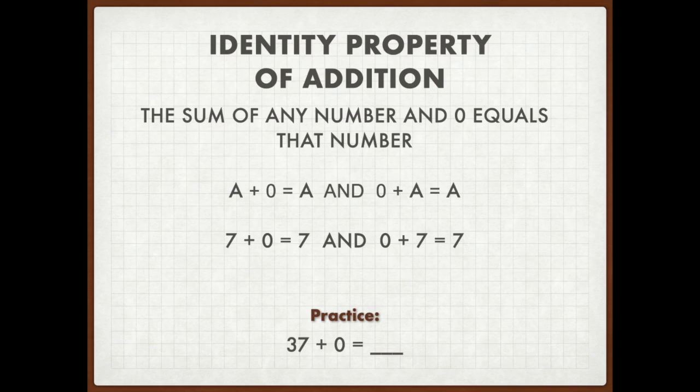So A plus 0 equals A, or you can have 0 plus A equals A. So any number plus 0 will give you the same number. If I have 7 plus 0, it's going to give me 7. If I have 39 plus 0, it's going to give me 39. If I have 562 plus 0, it's going to give me that same number.